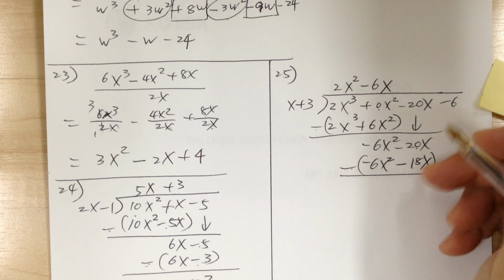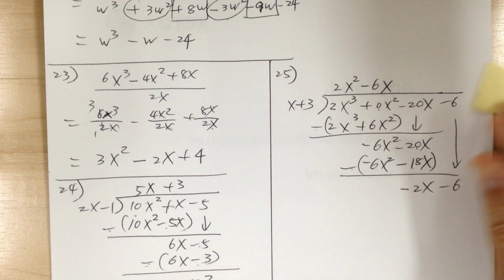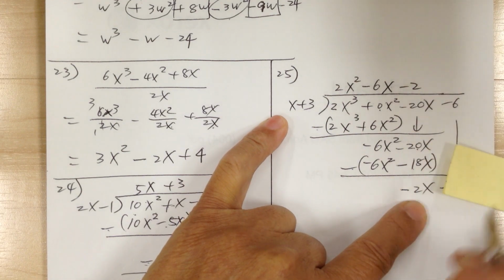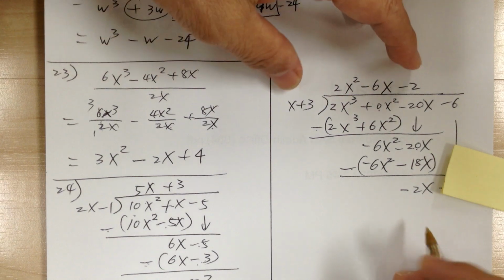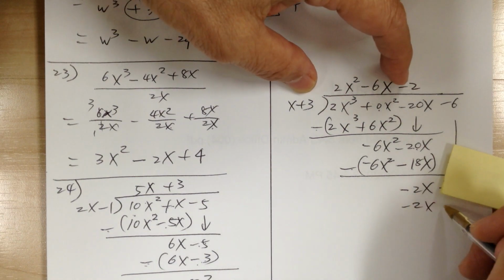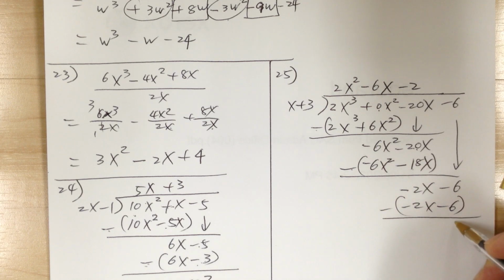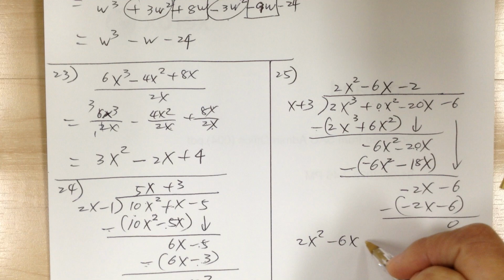So negative 20 plus 18 will give you negative 2. Okay, then you drop the next one. Again, focus on the first term. So this one you need to get minus 2. So again, this has to go down in order always. Okay, so you're going to get minus 2x, negative 6. And you subtract and it gets 0. So your answer would be 2x squared minus 6x minus 2.